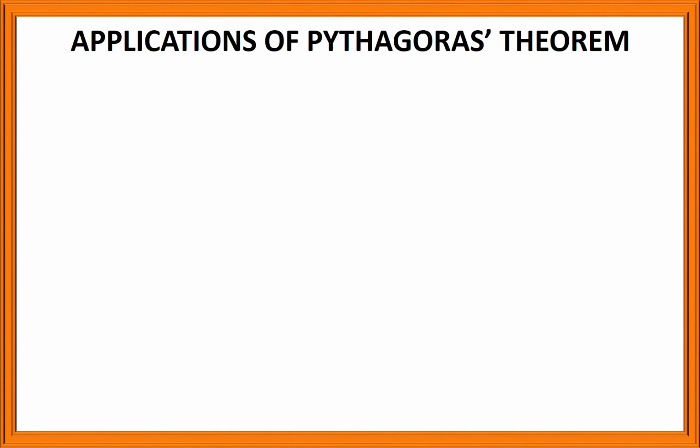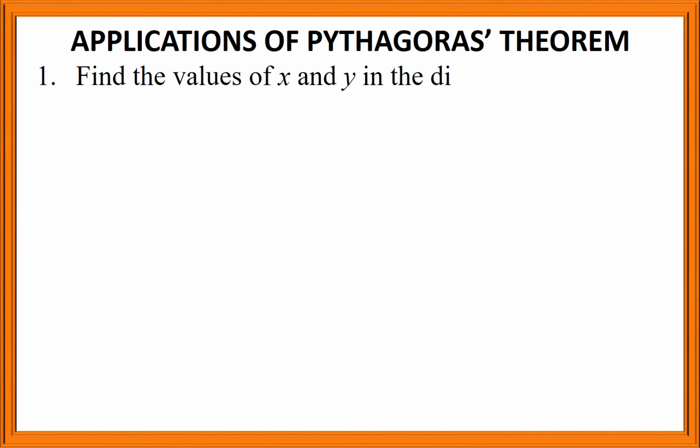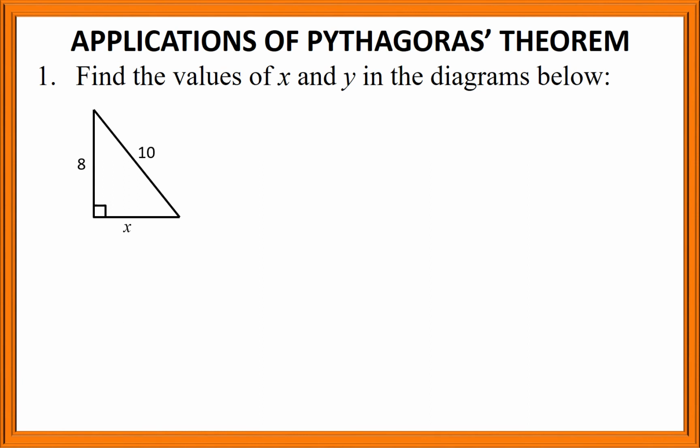Let's look at how we apply Pythagoras Theorem. Let's start with an example. In this example, you are asked to find the value of x and y in the following diagrams. Let's take the first diagram where we have the horizontal to be x, the vertical to be 8, and the hypotenuse to be 10.